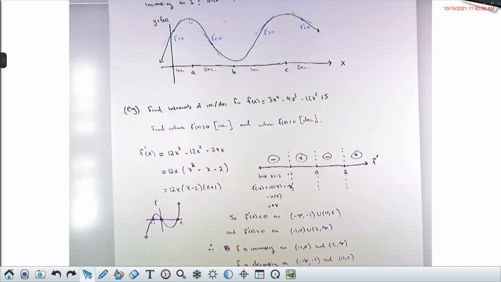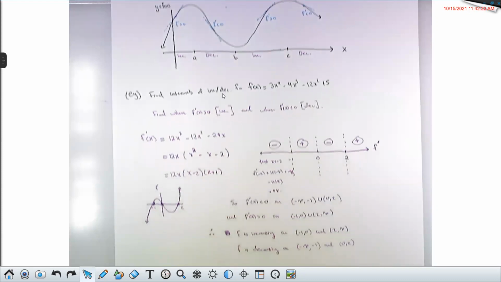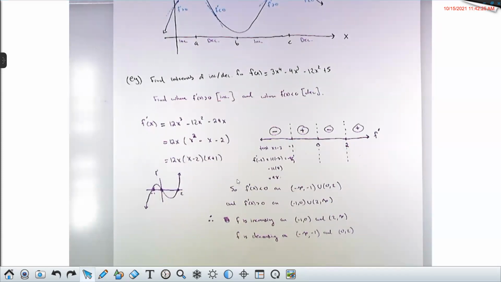That's not true. And I also wouldn't want to say that f is decreasing here. That's also not true. What is true is that f is briefly, just instantaneously, for that one moment, doing neither of those things. So these intervals of increase and decrease will always be open intervals of x values. And that's because they're associated with solutions to strict inequalities.